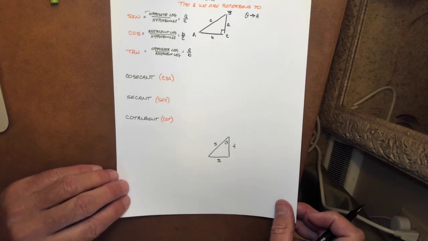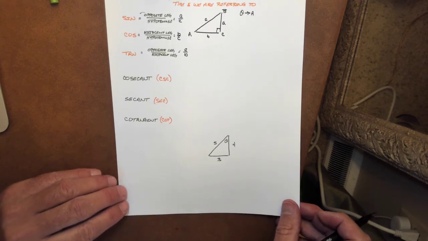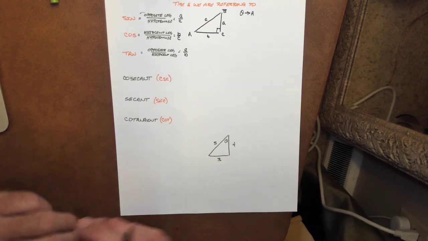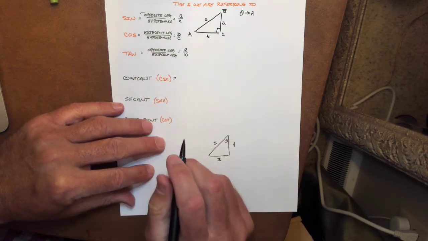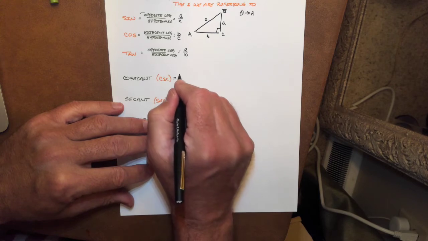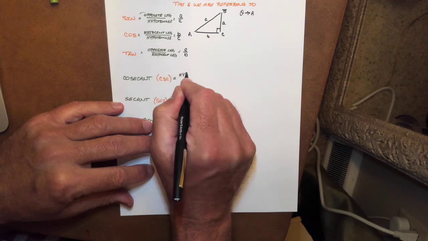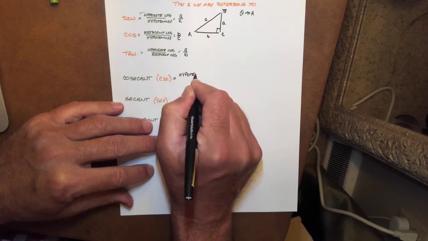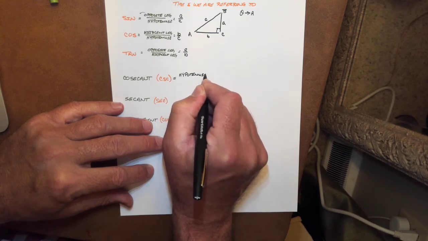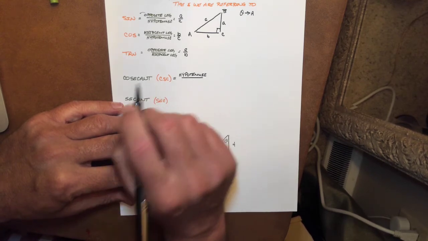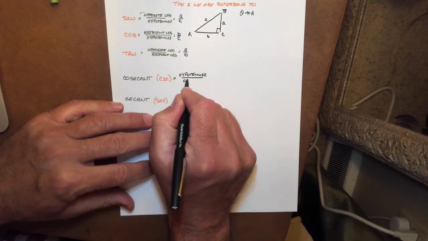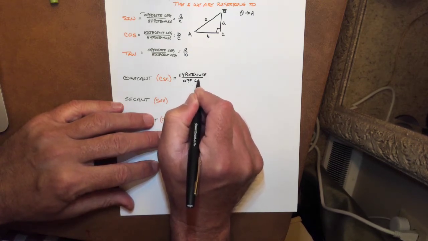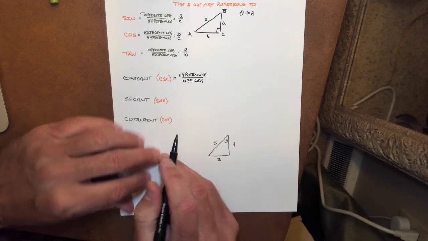All right, cosecant. This one's new now. Cosecant is going to be defined as, and see if you can see some relationships here, hypotenuse over opposite leg. Interesting.